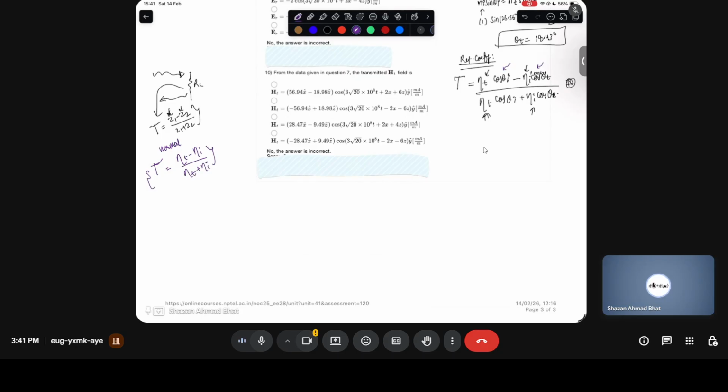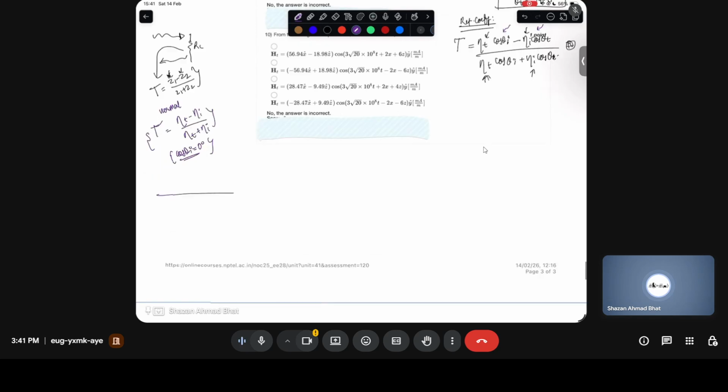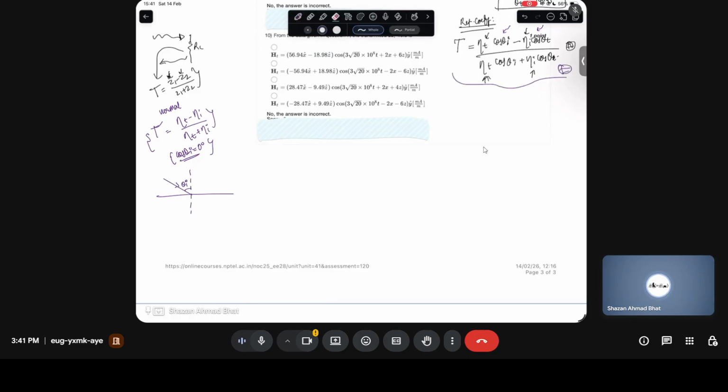This will be the reflection coefficient because in that case the incident cos theta I will be equivalent to 0. That means if you have this as the normal and the wave coming with a certain theta incidence, then this particular equation is valid.